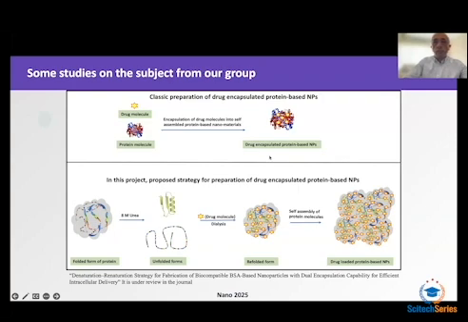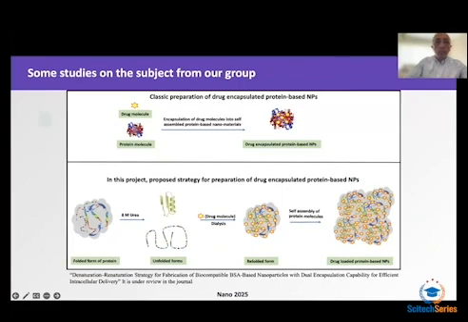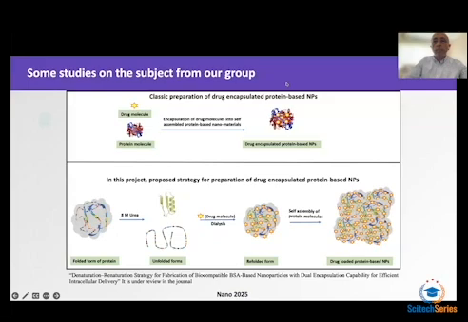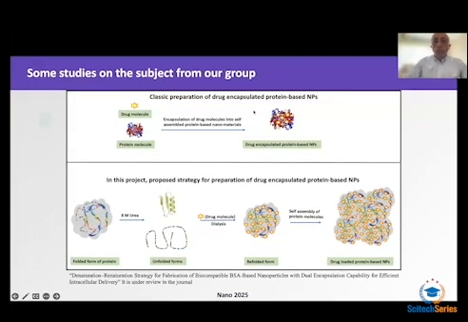But here you can see the classical formation of protein-based nanoparticles. There is a difference between these techniques. When you prepare the natural formation of protein for encapsulation of drugs, you can encapsulate more active agent, for example drugs, and it is also better for more release. This formulation is better when compared with the classical protein-based nanomaterials.